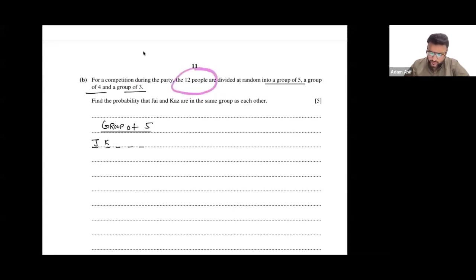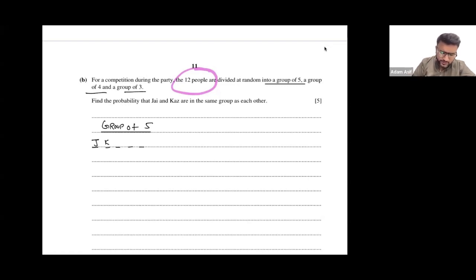J and K have to be in the same group, and they can be in any of the groups.